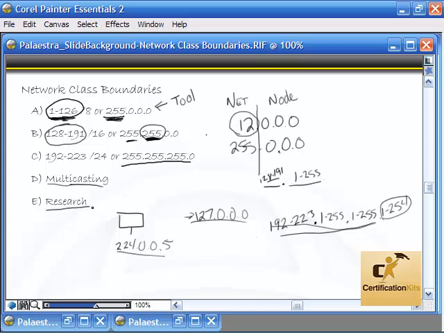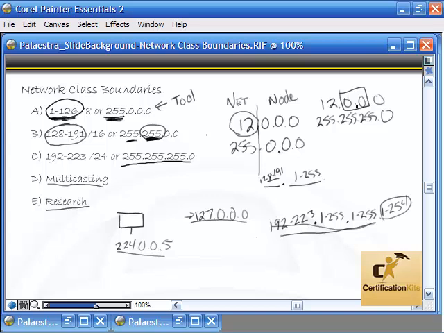So those are the basic class boundaries, and you should be comfortable with these because that's going to tell us something. If I have a 12 here, and I'm using this subnet mask, that means I've got a whole bunch of subnets, I think it's 65,000 plus subnets.